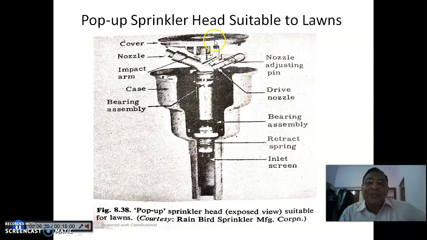When it is not in use, it is closed, and when it is in use, due to pressure it pops up. This shows the nozzle adjusting pin, nozzle drive, bearing assembly, retract spring, and all these things. This is used mostly for lawns.